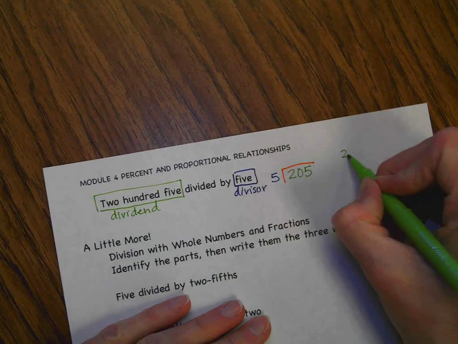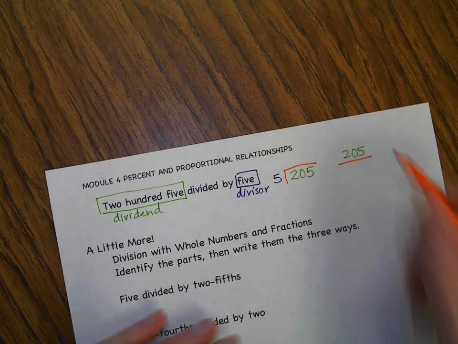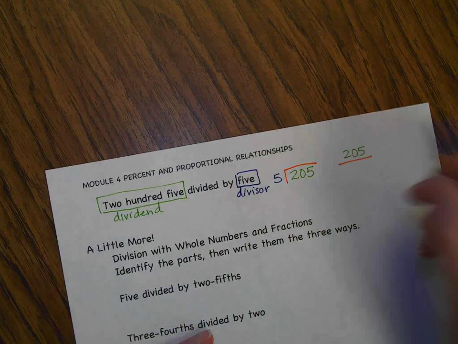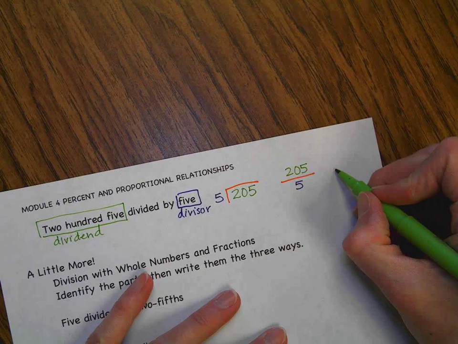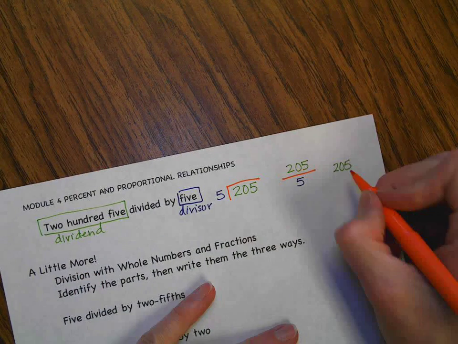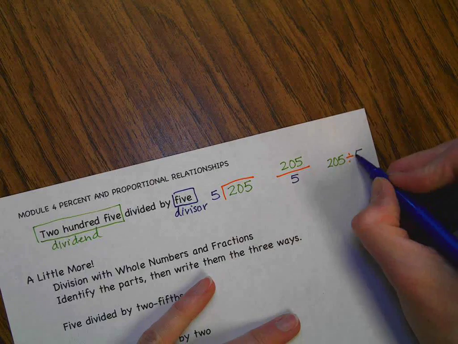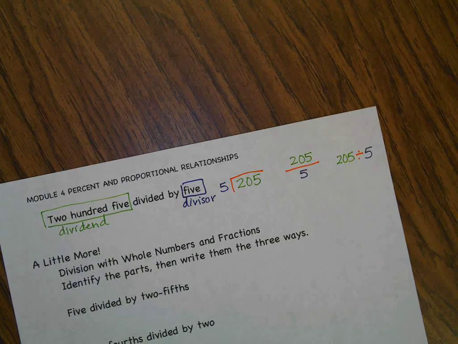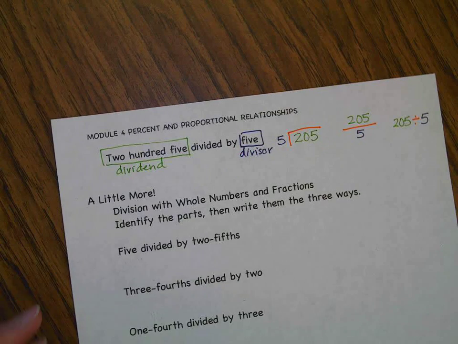That's one way. Now I have to write it again, 205 divided by 5. That's another way. And the last way, 205 divided by 5 is the third way. Okay, so hopefully you're starting to see the pattern and you're starting to get very comfortable whether the numbers are large or small.